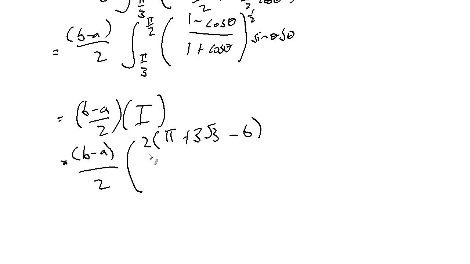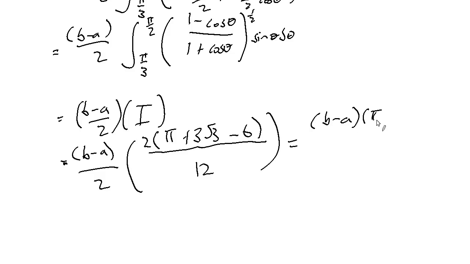This is why at the time I made this weird reformation of this, because actually this means that we can now just simply write down our answer. This is (b minus a)(pi plus 3 root 3 minus 6) over 12.